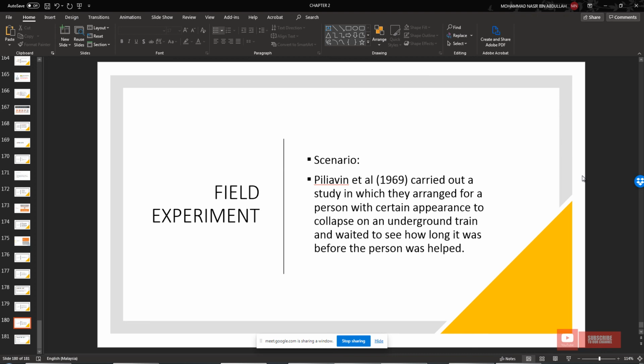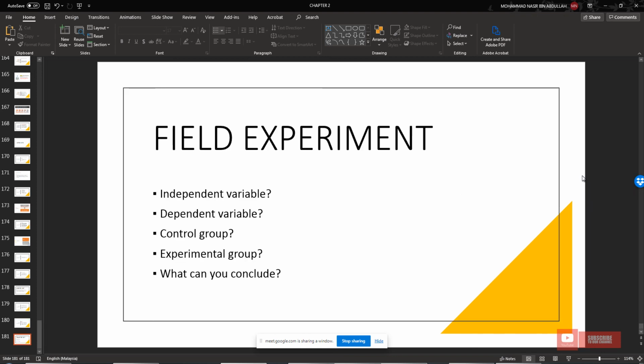A scenario of a field experiment: Piliavin et al. 1969 carried out a study in which they arranged for a person with a certain appearance to collapse on an underground train and waited to see how long it was before the person was helped, right?